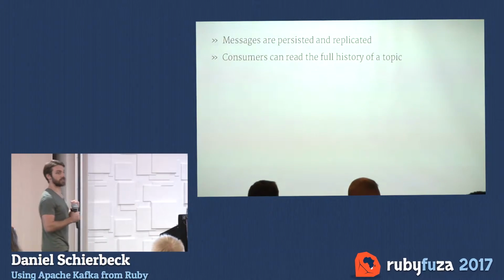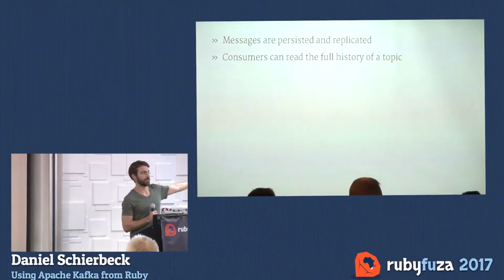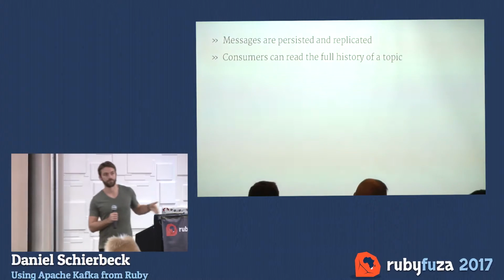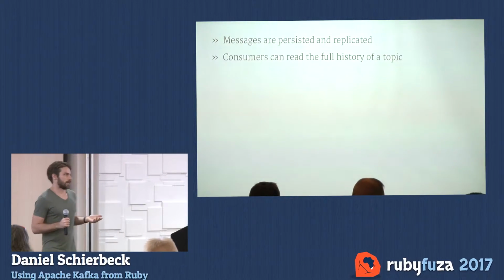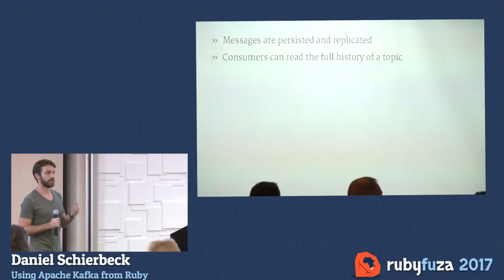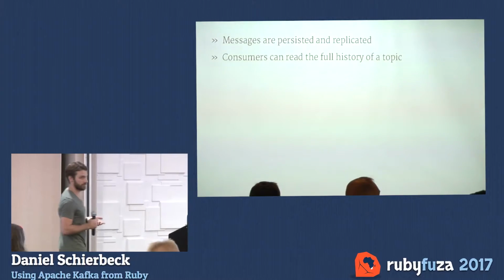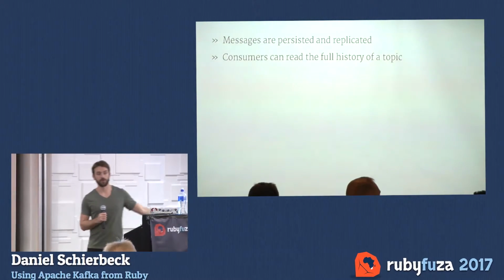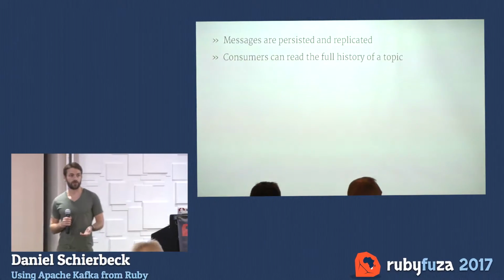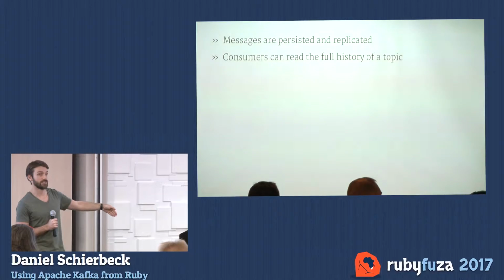And a consumer can go and say, hey, I actually want to start reading messages from the very start of time, and then read everything in. Something that's really nice about that is that you can implement a search indexer really easily using this. If you have a web application that creates articles or something, you can simply write each article into Kafka, store them forever there, and then you can have a search indexer that starts reading from the beginning of time and writes to Elasticsearch or something.